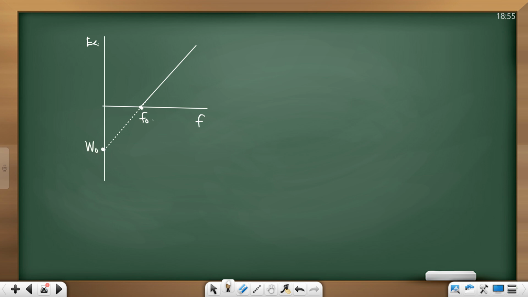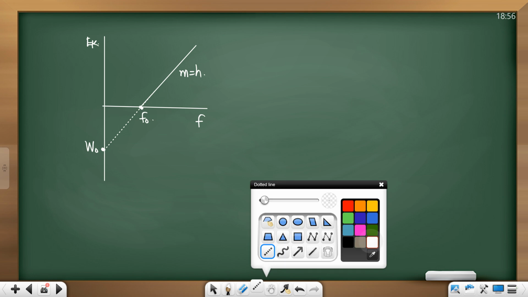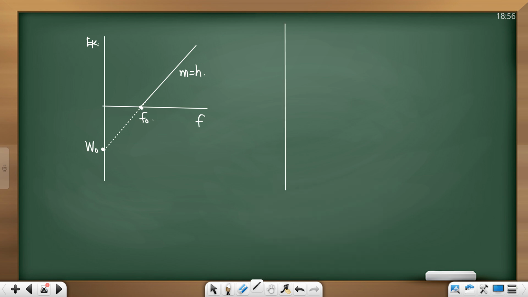Please, this is the last question in your paper on Friday. And the gradient is the Planck's constant. The examiner can play a bit of mathematics trick on us and ask us to work with 1 over wavelength.